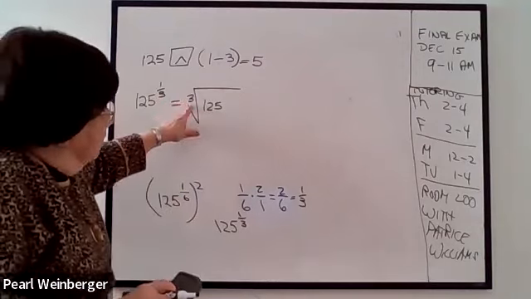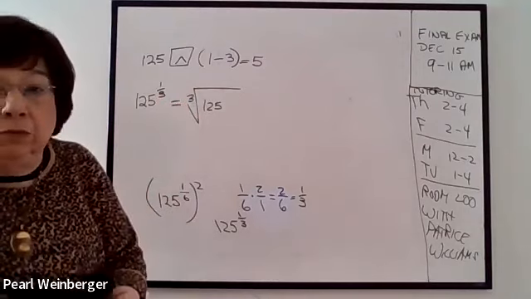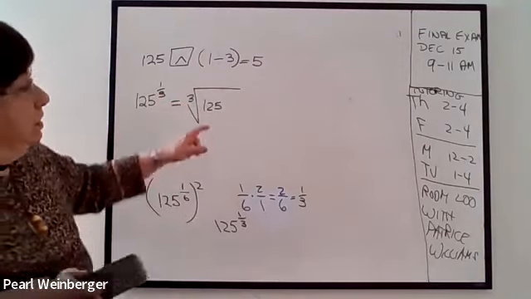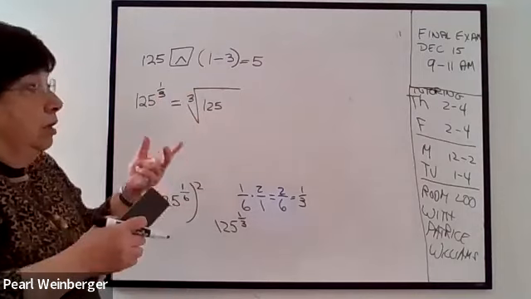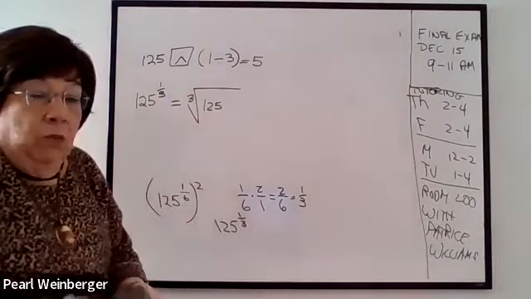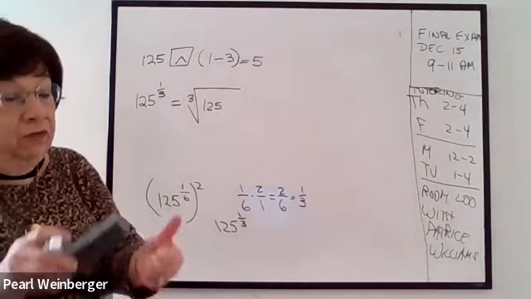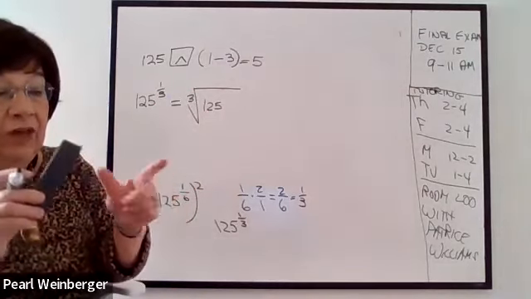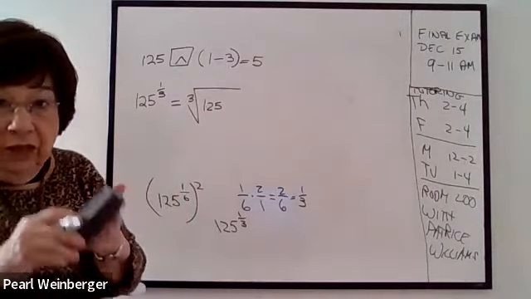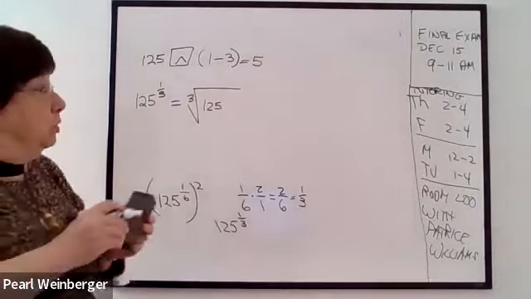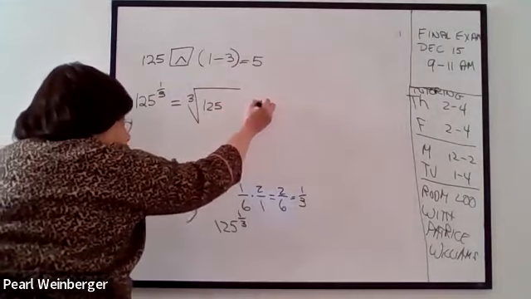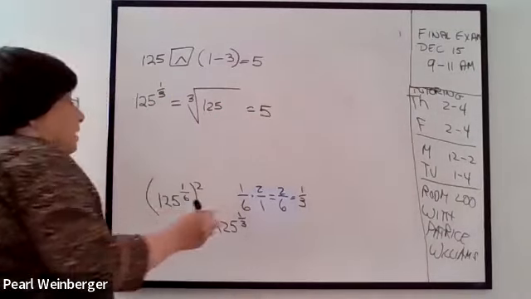The index tells you how many times you have to multiply the number to get the number inside. So we're looking for a number that when you multiply it 3 times will give us 125. And you see 5 works. 5 times 5 is 25, and 25 times 5 is 125. So again, your answer is 5.